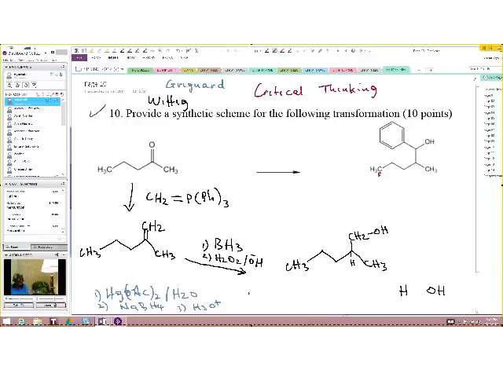That is if you want to do the Markovnikov addition of water. But in this particular instance, what we want is anti-Markovnikov addition of water, and that is why we use this reagent here. So now we get this primary alcohol.